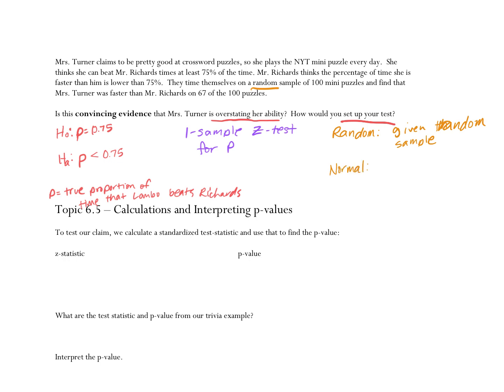Normal. So we would do 100 times 0.75 and 100 times 0.25, because I'm pretty sure that works out to be 75 and 25.